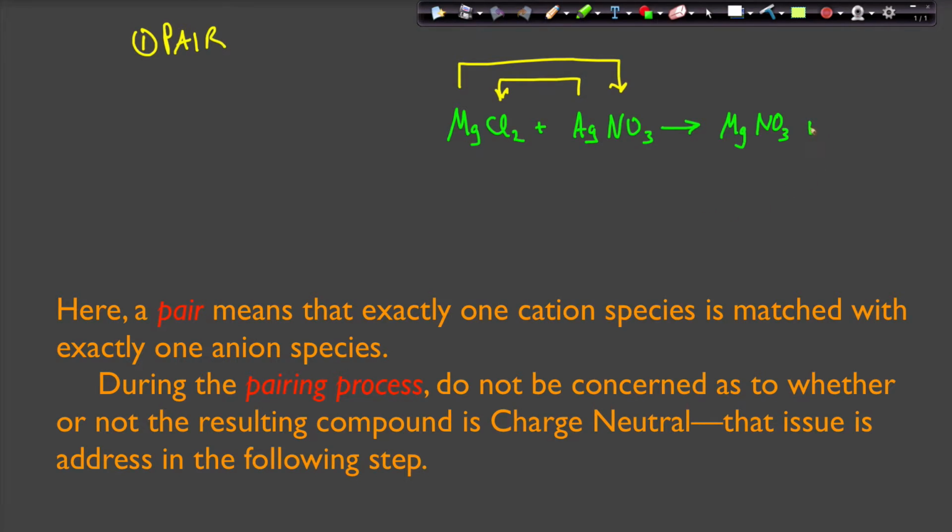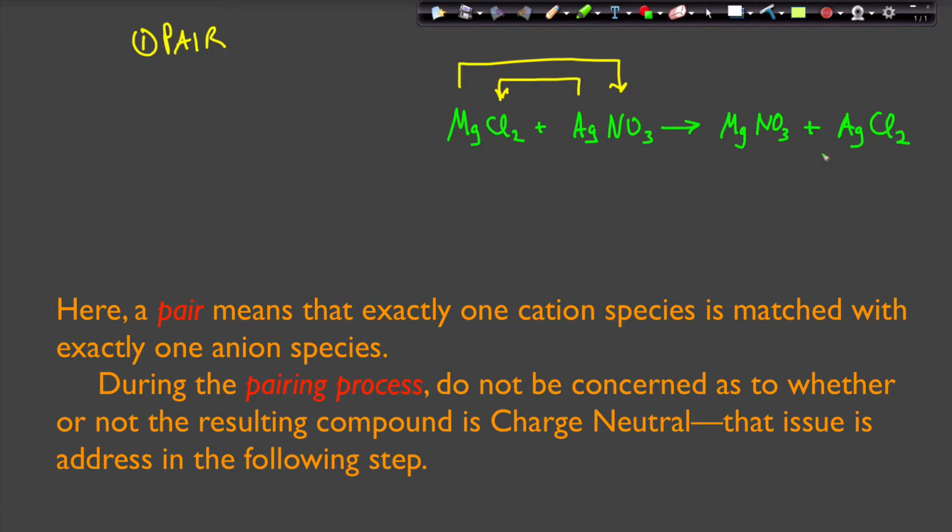The second pairing that I'm going to do is to pair one silver, and here's where the foot fault usually occurs, with one chloride, not two, so this would be AgCl. One silver ion and one chloride anion.